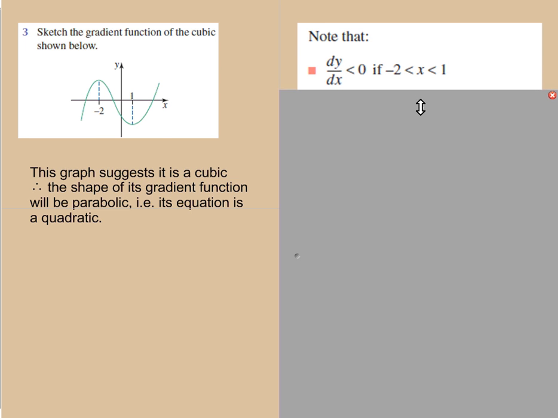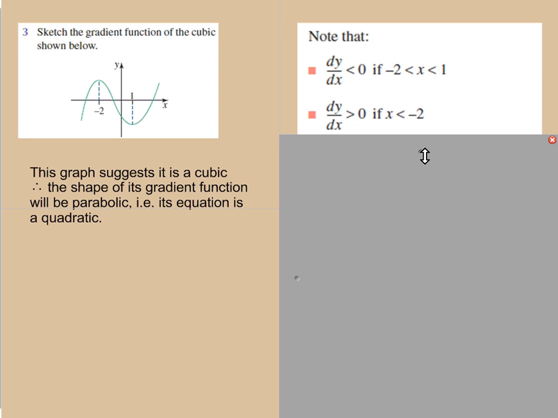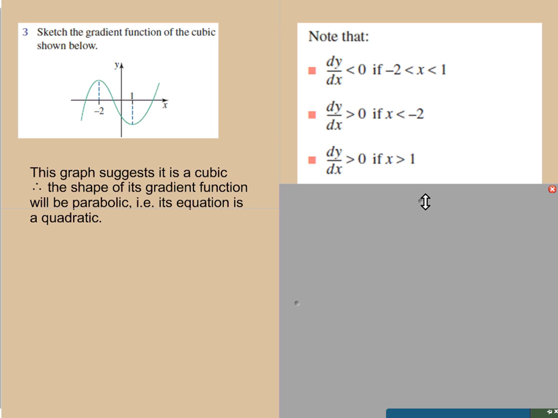Now, we can see that between -2 and 1, our graph here has a negative gradient. So that means that the gradient function between -2 and 1 has to be below the x-axis to reflect a negative value. And we can see that it's got a positive gradient there when x is less than -2 and when x is greater than 1.